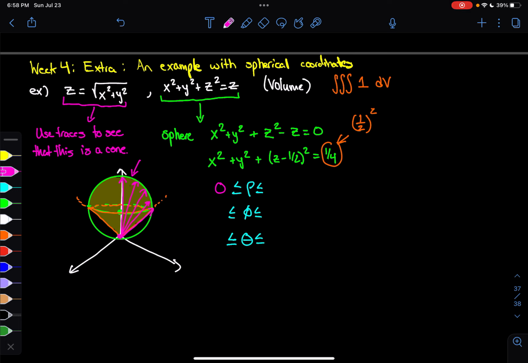So rho, it looks like, has a lower bound of 0 and an upper bound of whatever this particular shape is, because the length of rho depends. You can see it gets shorter as we move down the sphere. And so we're going to leave this blank for now. We're going to need an upper bound for rho. Now, how about phi? Well, phi we can get because if we look at the shape of this cone, we're basically restricted by going straight up and then going down and hitting the edge of this cone.